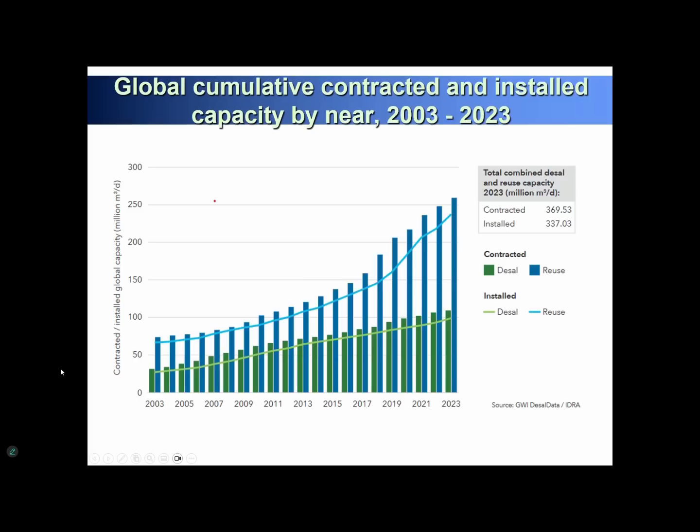So this is the global contracted installed capacity from 2003 to 2023, for desalination and water reuse. Water reuse has a much bigger capacity growth because you can produce wastewater everywhere and then recycle it, and it can also be utilized in decentralized applications.